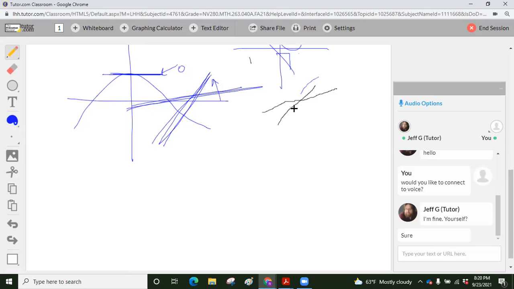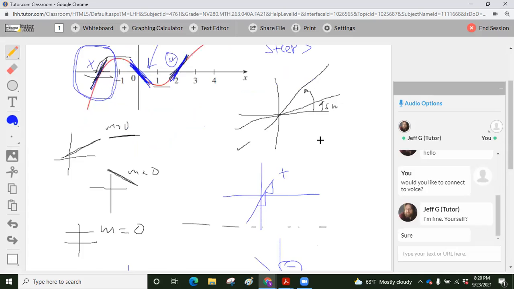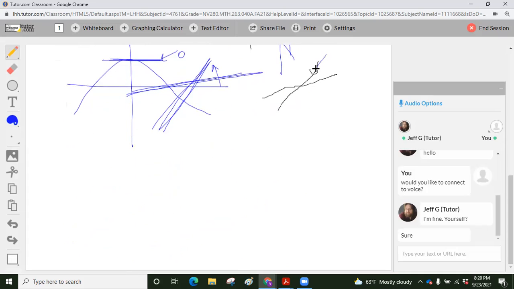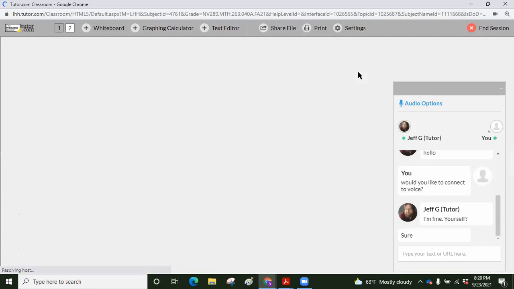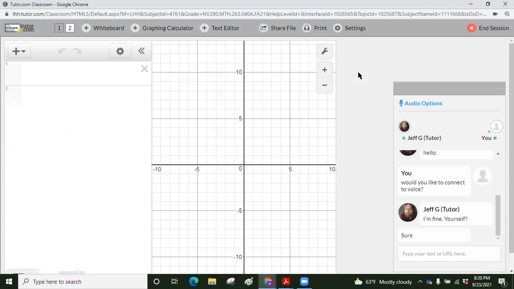You're saying the slope of this line here is bigger. Yes. If you wanted to look at it better, you could do like y equals 0.2x. So that has a slope of 0.2.